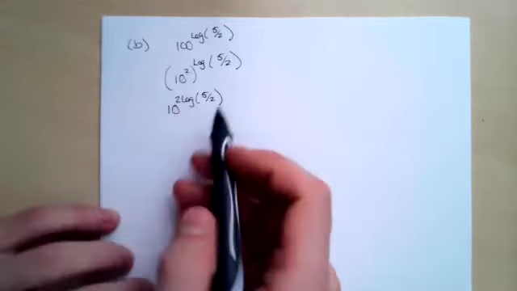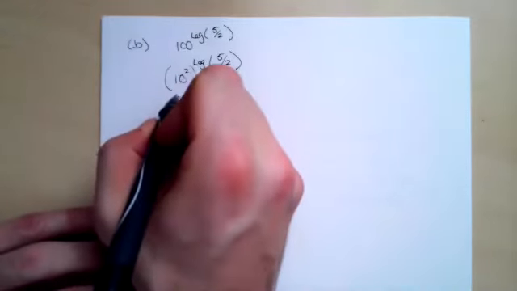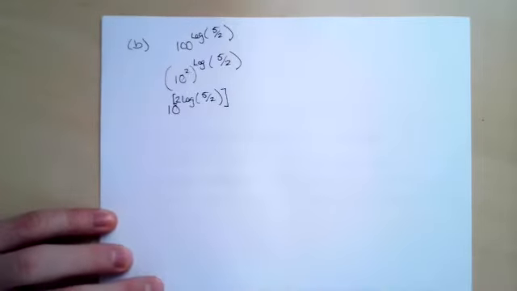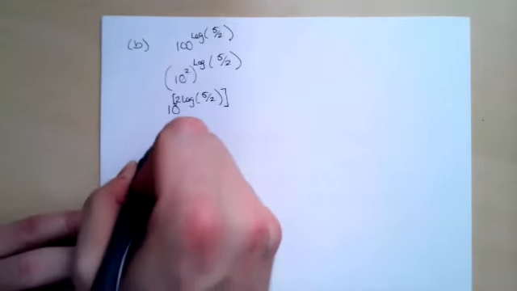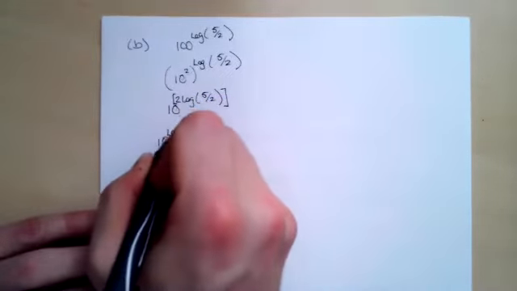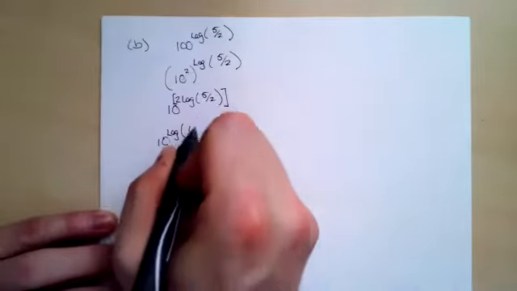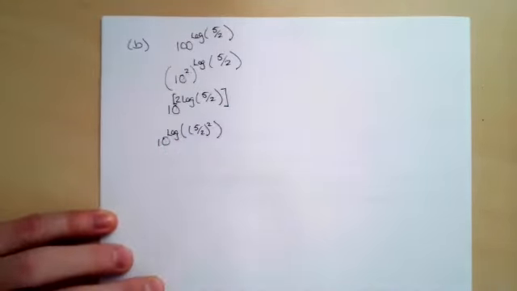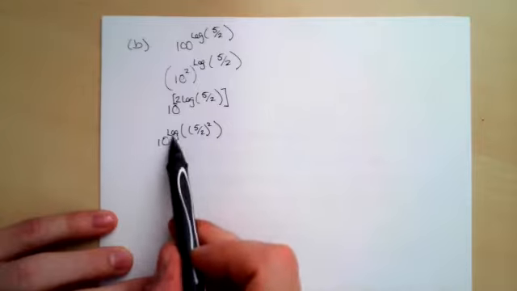So what we can do is work inside the exponent, this 2 times log of 5 halves. We can use the properties of log. Multiplication outside of a log is exponentiation inside the log. So our goal was to get the 10 and log touching each other.